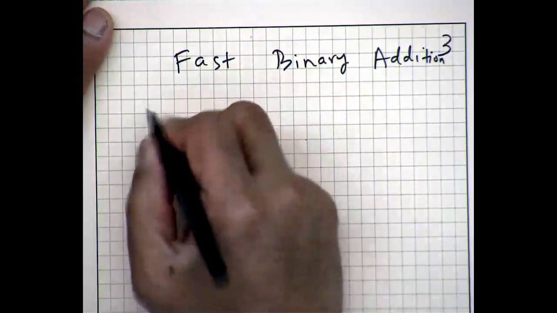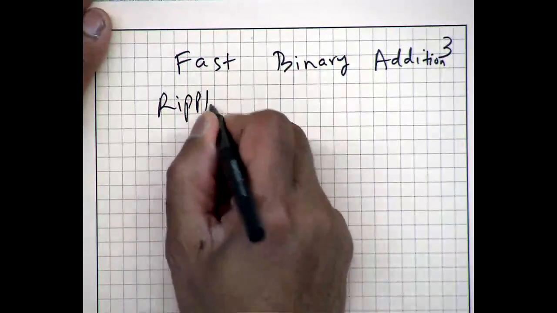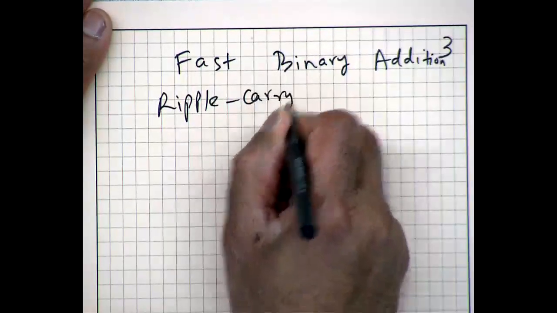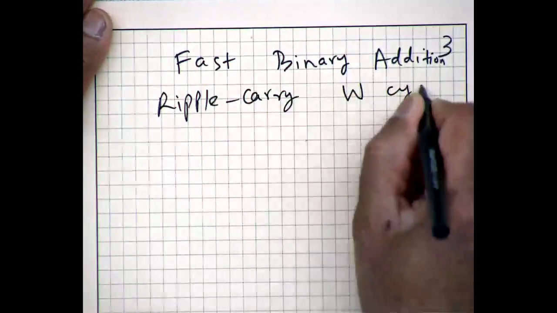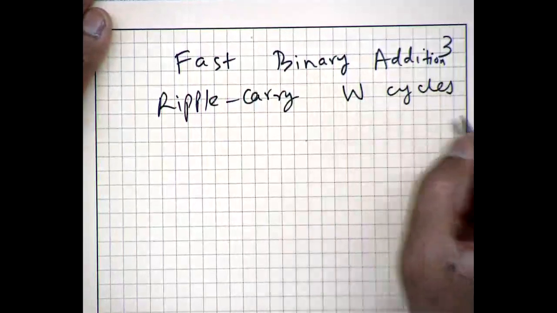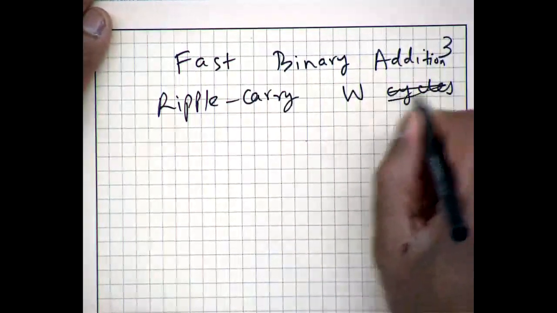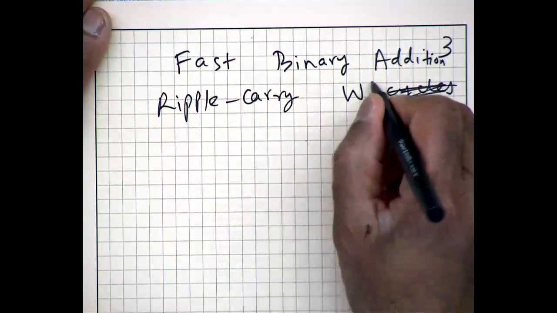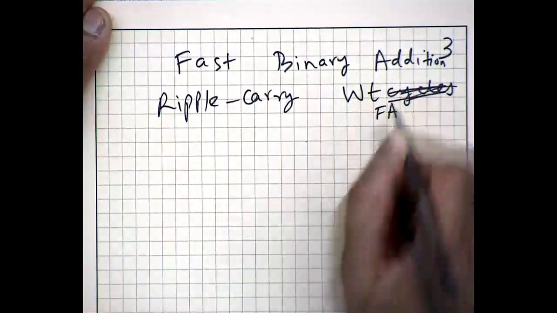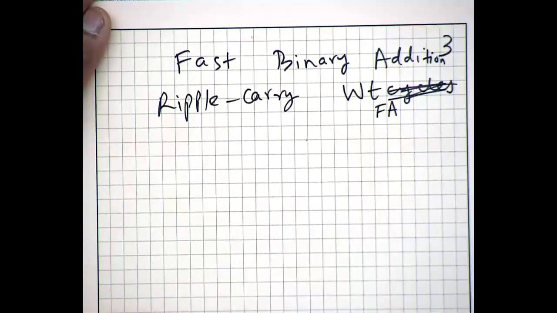The ripple carry method requires a critical path which is W times T full adder, the full adder delay times the word length.